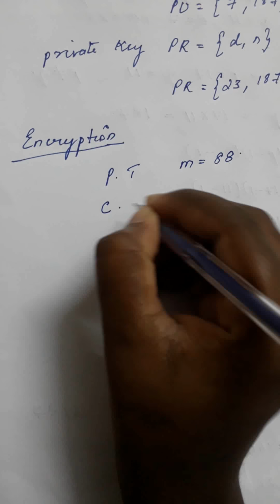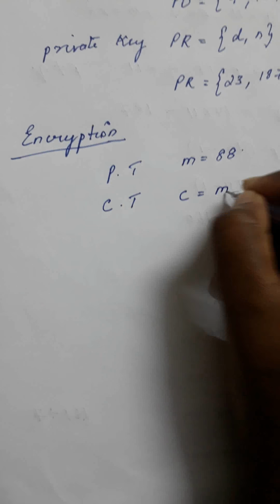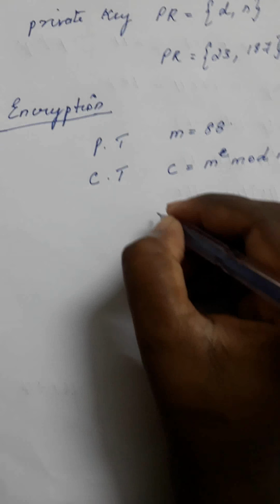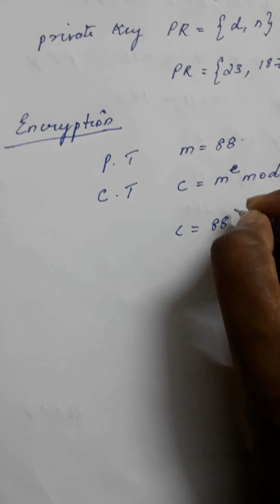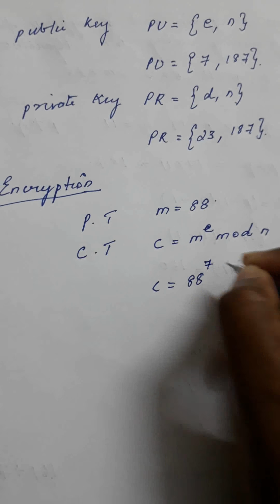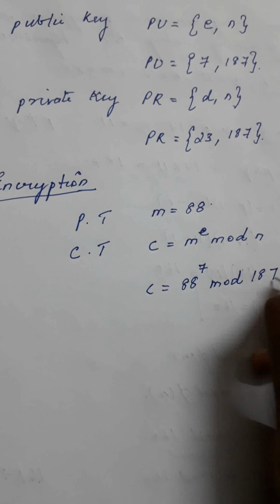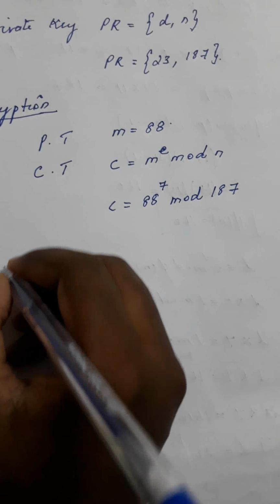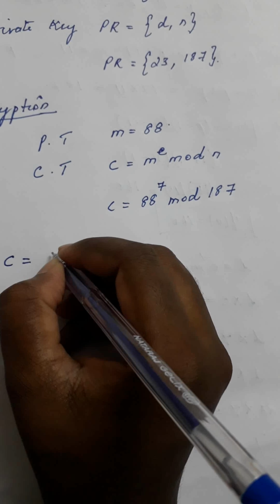We need to calculate your ciphertext with the formula C is equal to M power E mod N. So C is equal to M, value is 88, value of E is given as 7, and mod value of N is 187.